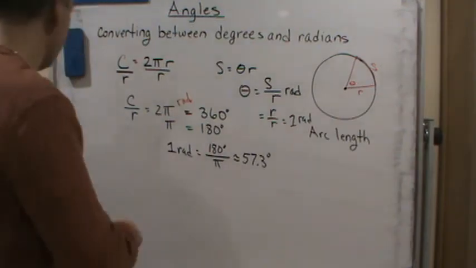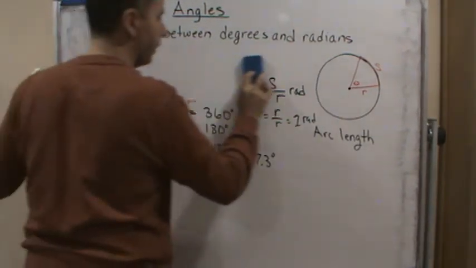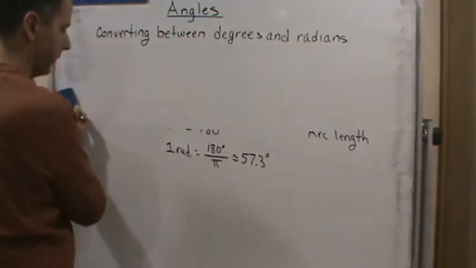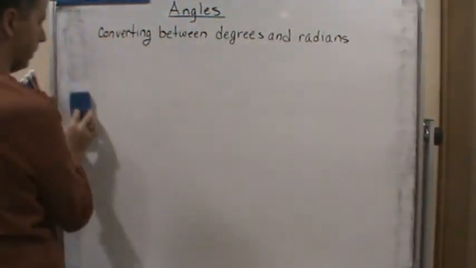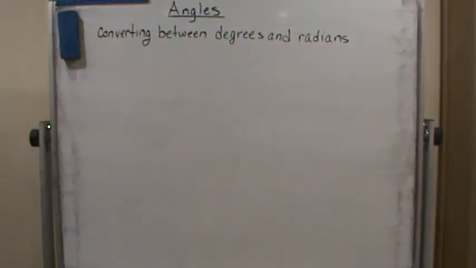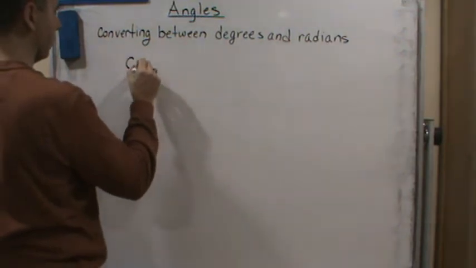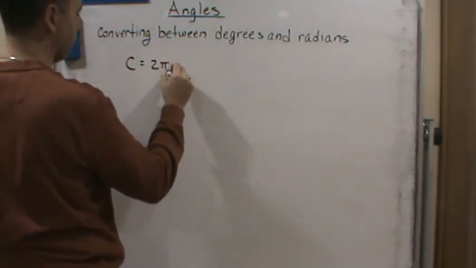So now let's do an example. Let's consider 2 circles, one with a radius of 2 and the other one with a radius of 3.